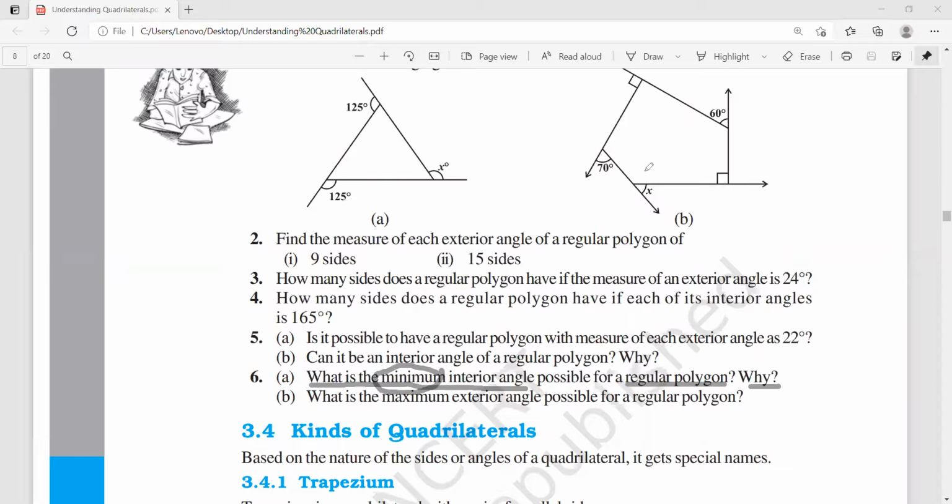Is it possible to have a minimum interior angle for a regular polygon? Which polygon has the minimum number of angles? A triangle. And what would we call it as a regular polygon? An equilateral triangle. Absolutely right.